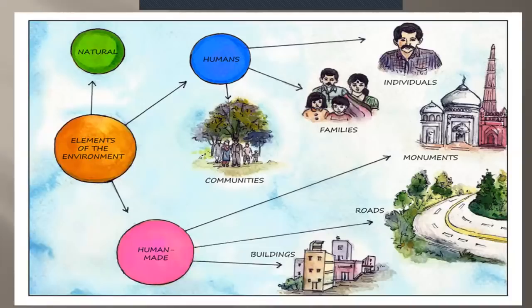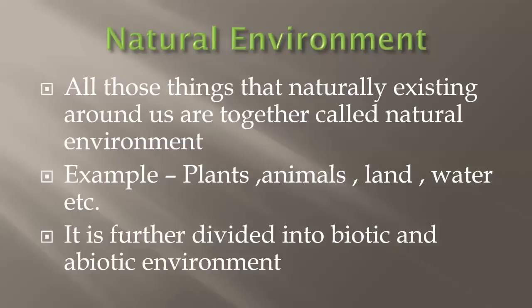So again, with the chart explanation, elements of environment: natural, human, and human-made. Natural: air, water, land. Humans: individuals, families, and communities. Human-made consists of things which are made by human beings, like monuments, roads, buildings. You can list many things in this.